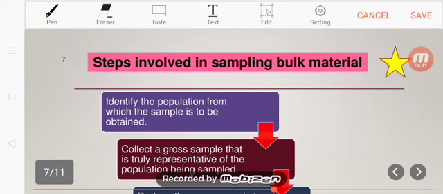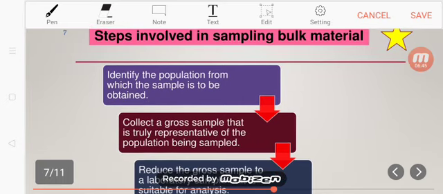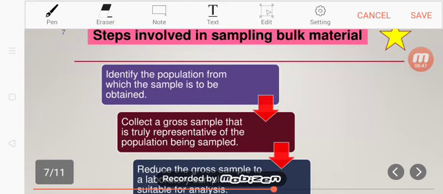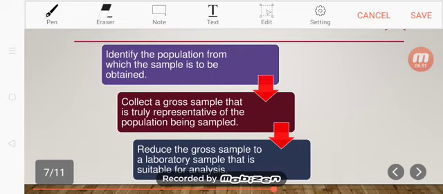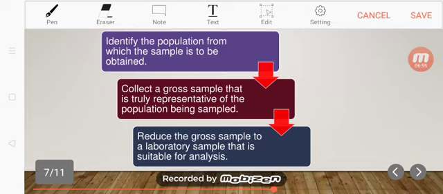Here is a summary of the steps involved in sampling of a bulk sample. Start by identifying the population from which the sample is to be obtained, followed by collecting a gross sample that is truly representative of the population being sampled, and the last step is to reduce the gross sample to a laboratory sample that is suitable for analysis.